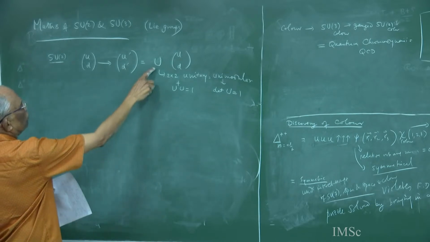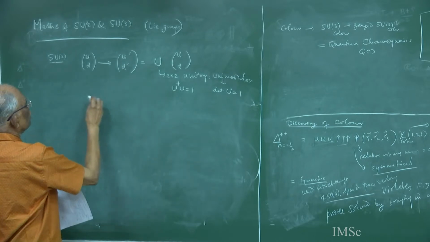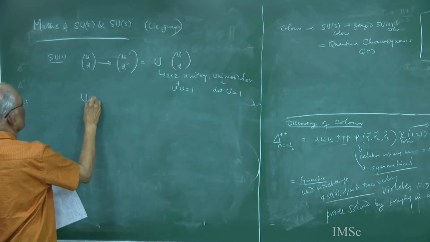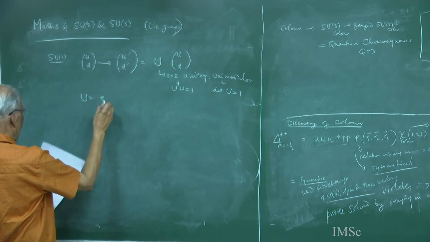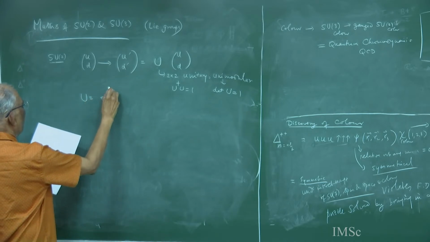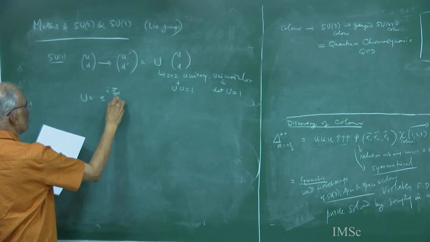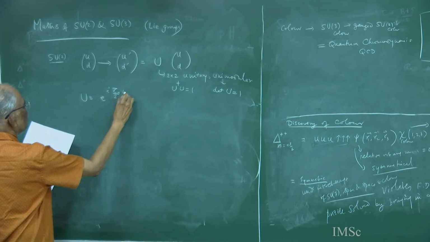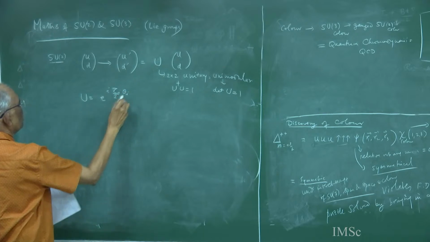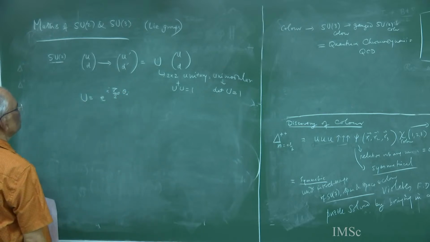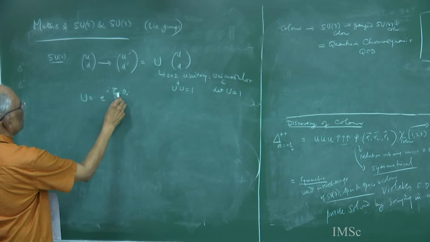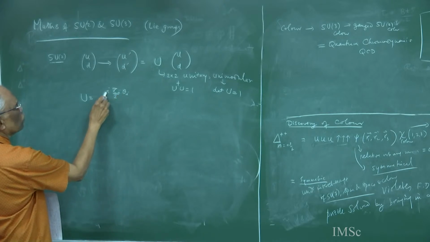Yes, a good way of writing this U is like this. Write it as an exponential of i. Now I will begin to make small letters, so let me be careful. Is it all right? Visible? This i is not this i, which is root of minus 1.